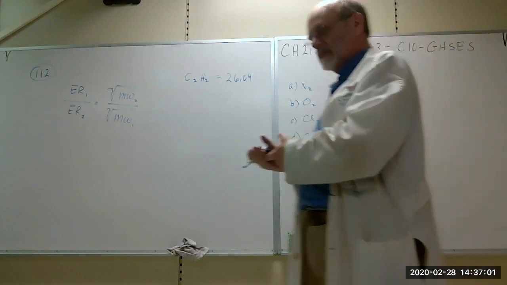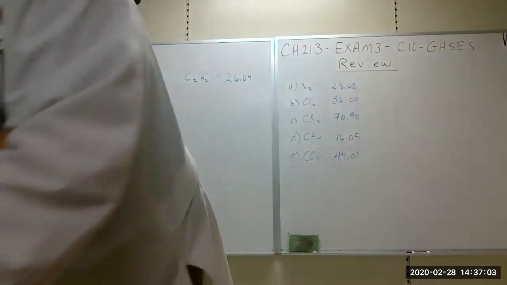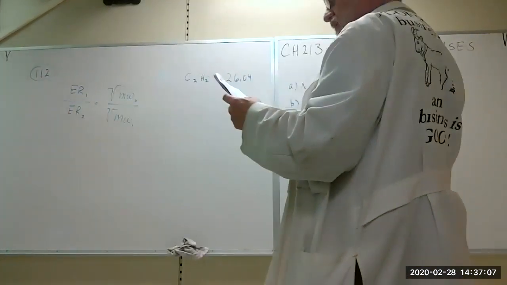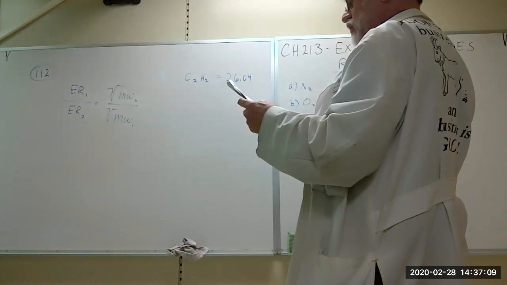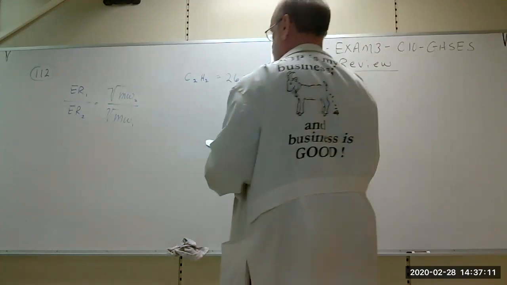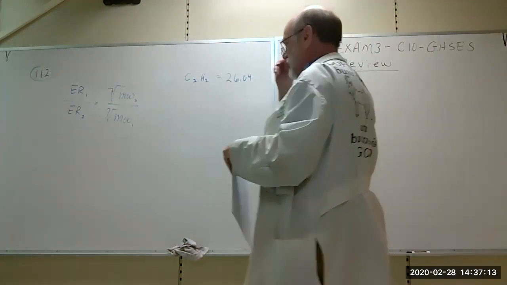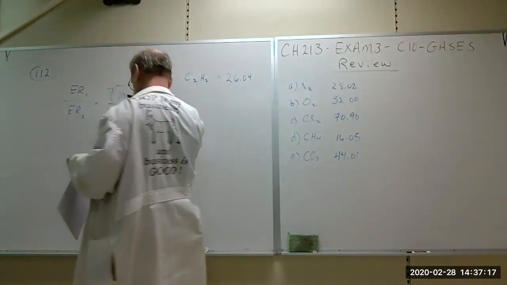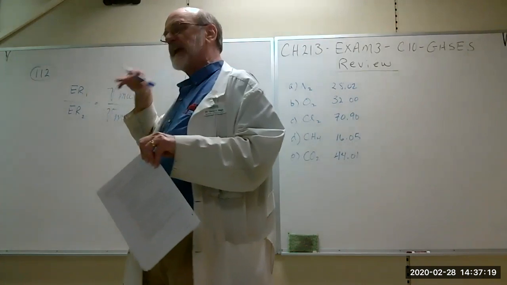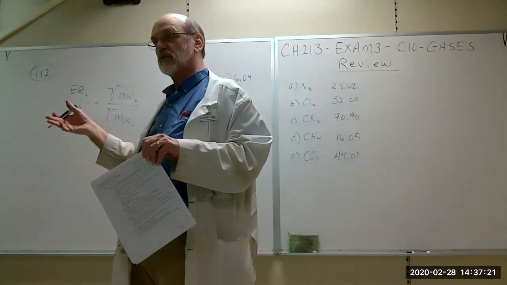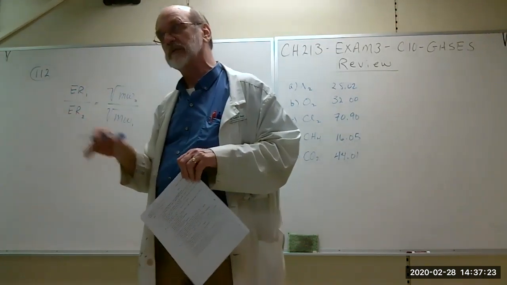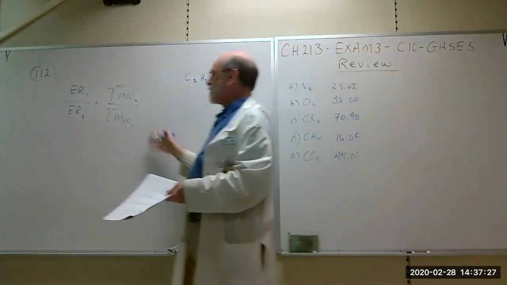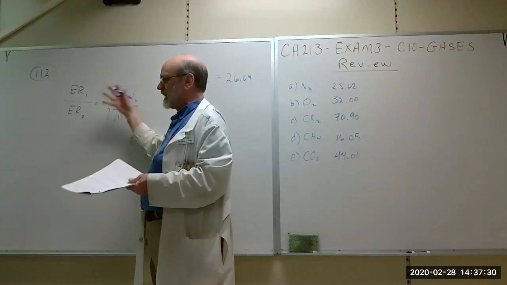Okay. So, go back to the question. Which of the following would have a higher rate of effusion than C2H2? So the rate of effusion is proportional to the inverse. In other words, the heavier the molecule, the slower it moves, right? Even with this formula, this just tells you the relationship.